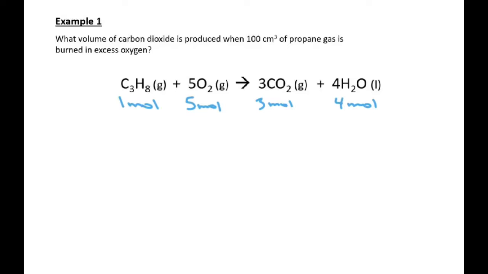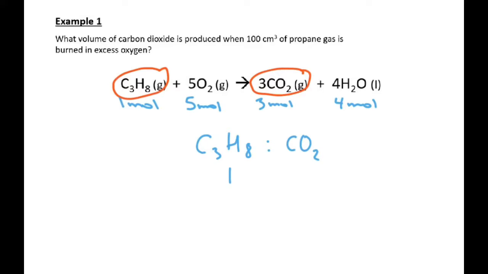And the question asks us to work out what volume of carbon dioxide is produced when 100 cubic centimetres of propane gas is burned in excess oxygen. So these are the two species that we're concerned with. Our propane and our carbon dioxide react in a 1:3 ratio.